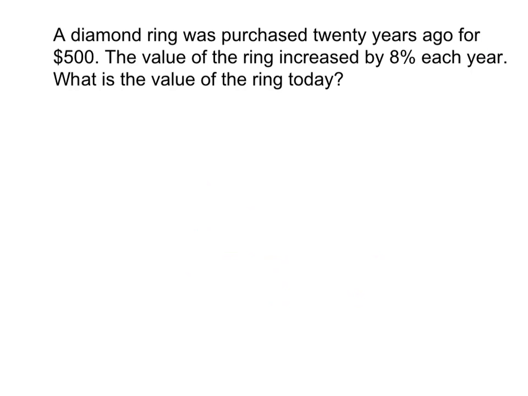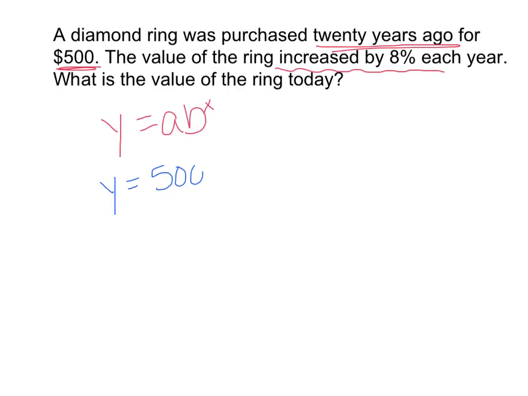So a diamond ring was purchased 20 years ago for $500. The ring has increased by 8% each year. We want to find the value of the ring today. So let's think about our y equals ab to the x. We can plug in what we know. We know that we have 500 initially, and we know that it started at 100% of that value, and it increased by 8%.